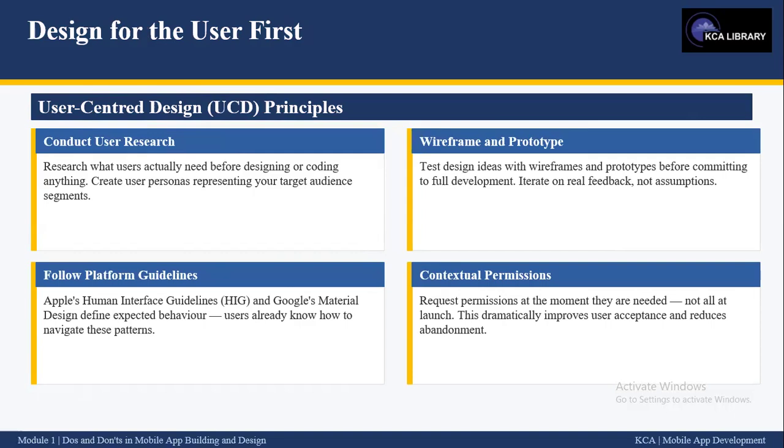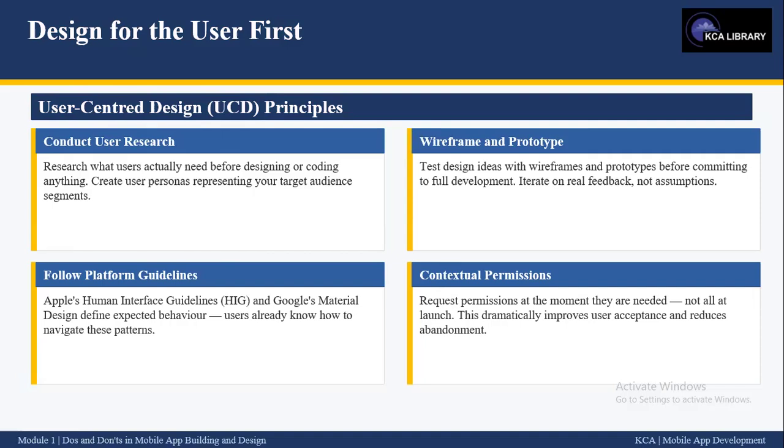Design for the user first. User-centered design is a foundational principle in mobile development. Developers must begin by conducting thorough user research to understand actual user needs and behaviors. Creating user personas helps in representing target audiences effectively.